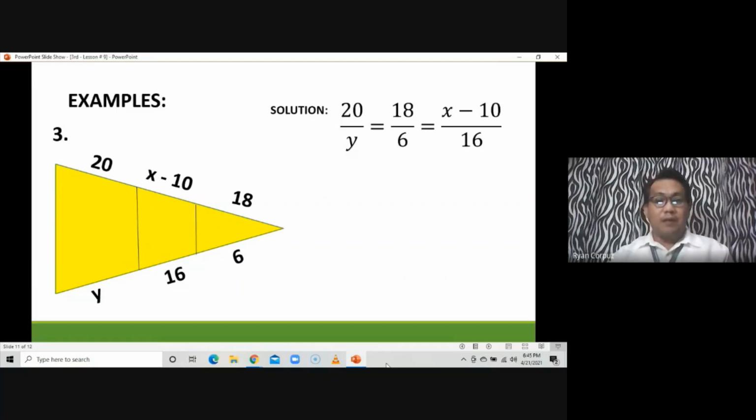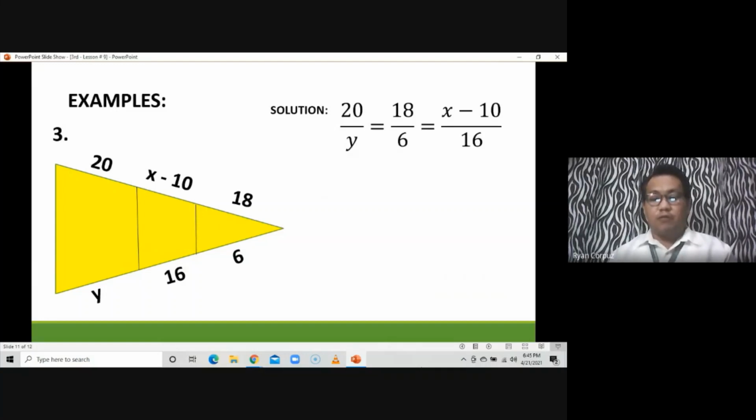Kasi sabi natin sa proportion, the two ratios are equal. So, kahit pagpalitin natin, equal pa rin, nothing happens with the value. So, ginitna natin yung ratio na walang involved na variable. Kasi in that way, mas madali yon.